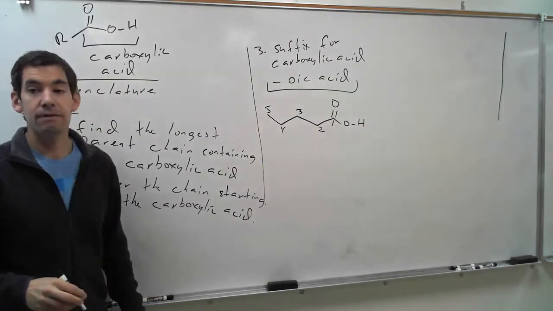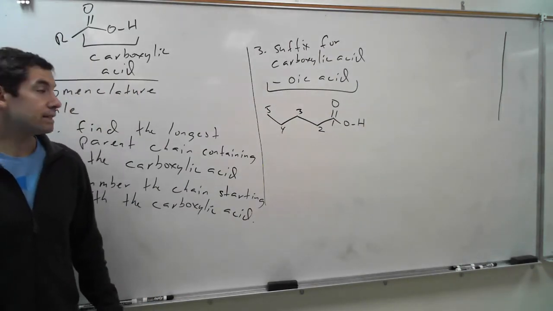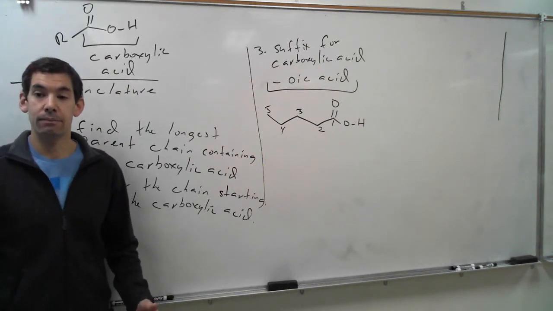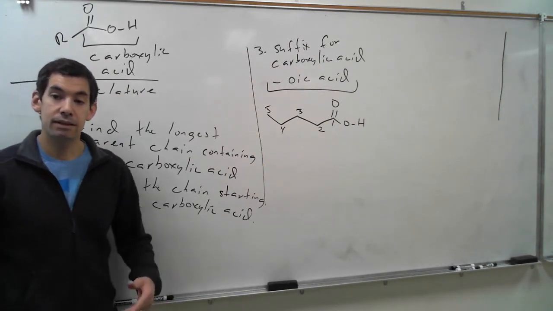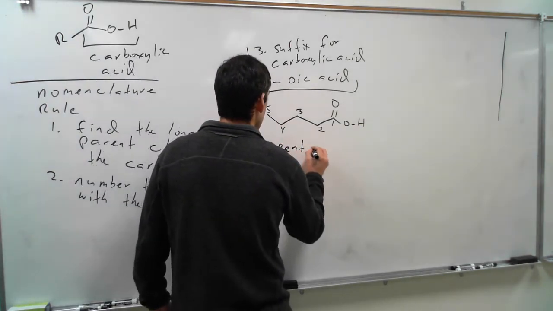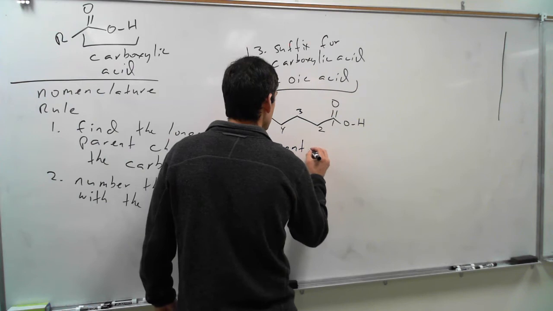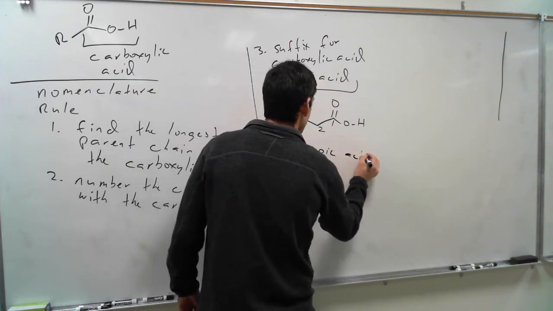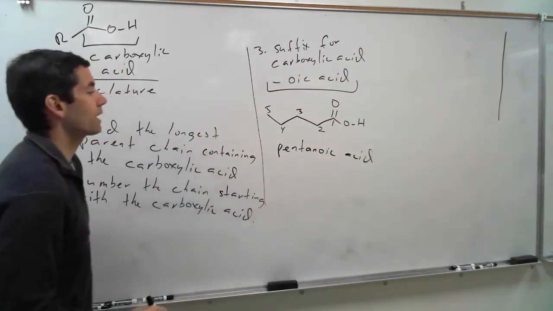So our parent chain is going to be 5 carbons long. So what's that tell us about our name? What's a 5 carbon chain parent name? Pentane. In this case here, we have our suffix. So it's going to be pentanoic acid.